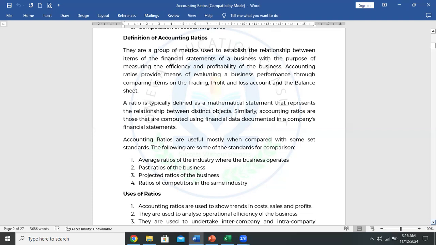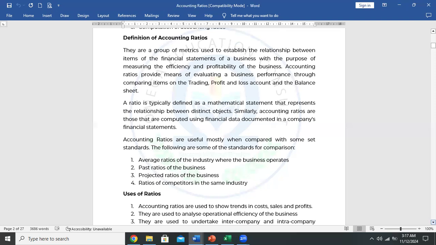But what are these variables? These variables are items on the face of the financial statement. And when I say financial statement, professors, I'm referring to the trading account, the profit and loss account, and the balance sheet. So all the items on this financial statement, we can establish relationships among them or between them.